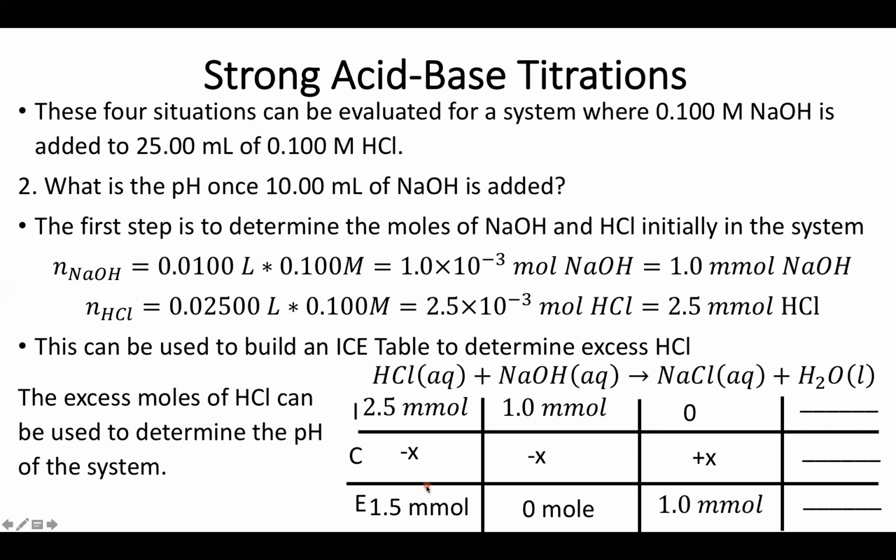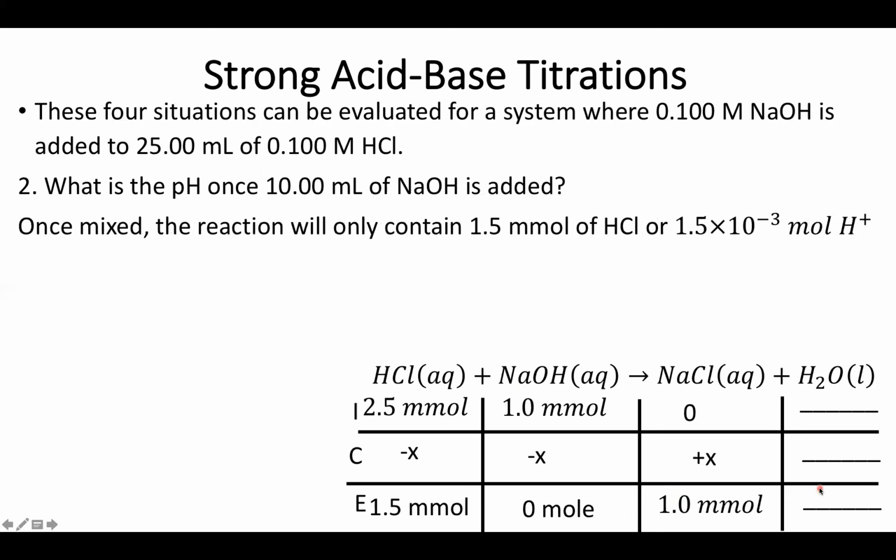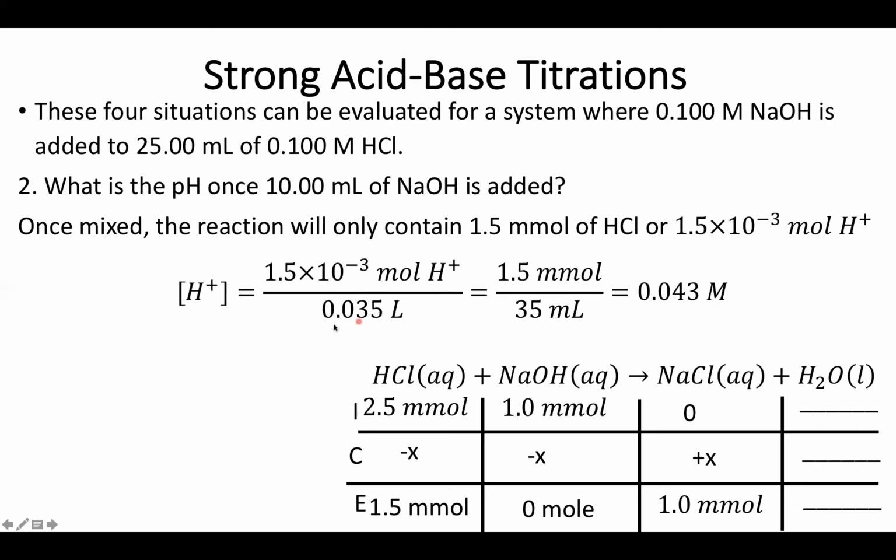So now I've got an excess of 1.5 millimoles of HCl, no base, salt, which has no influence on the pH, and water. So really, all I need to do is figure out what will be the pH of a system that is 1.5 millimoles of HCl. Here we can do two slightly different but very similar methods. I can either figure out the concentration of the protons by using the number of moles of protons divided by the volume in liters.